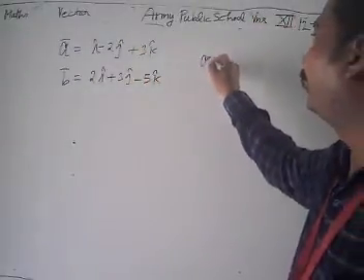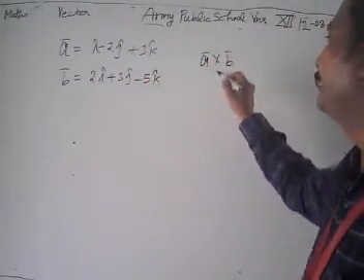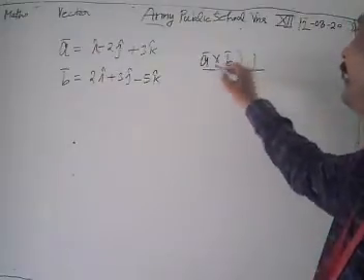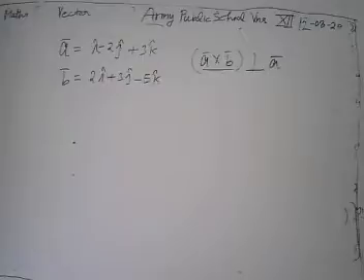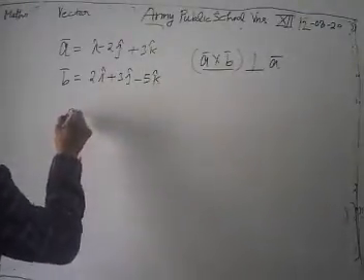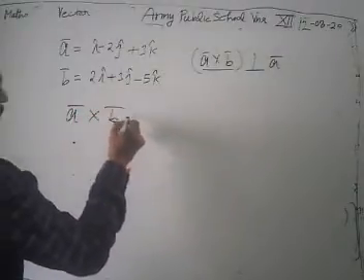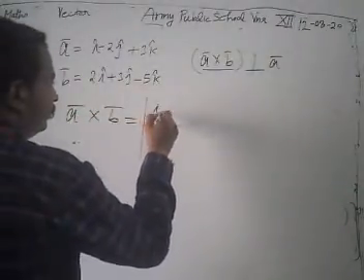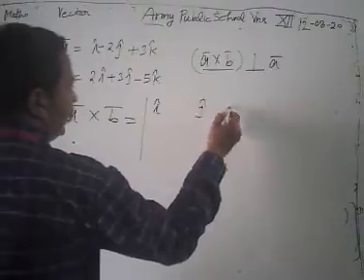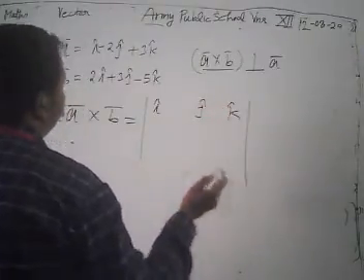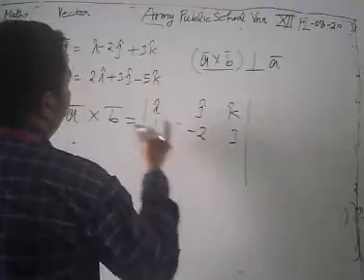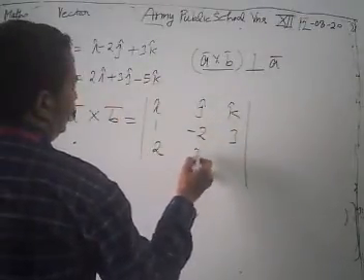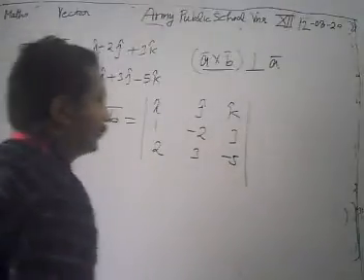First of all, we have to find the vector A cross B, then show that A cross B is perpendicular to vector A. So we find the cross product A cross B using the determinant with i cap, j cap, k cap, then 1, minus 2, 3, and 2, 3, minus 5.